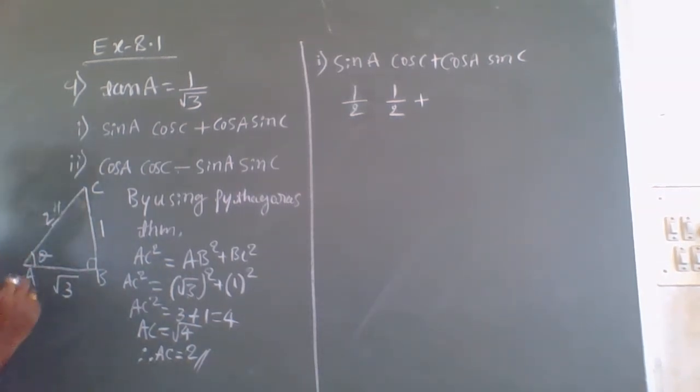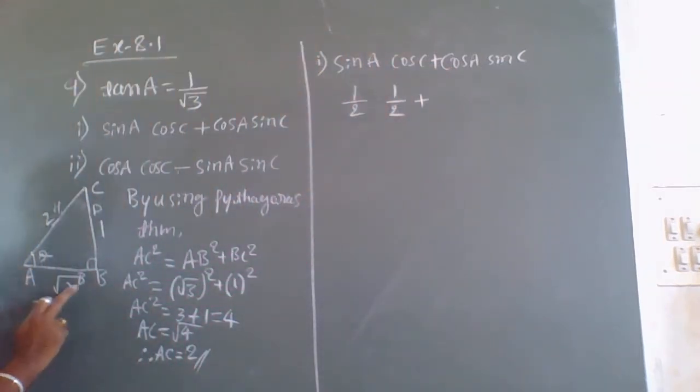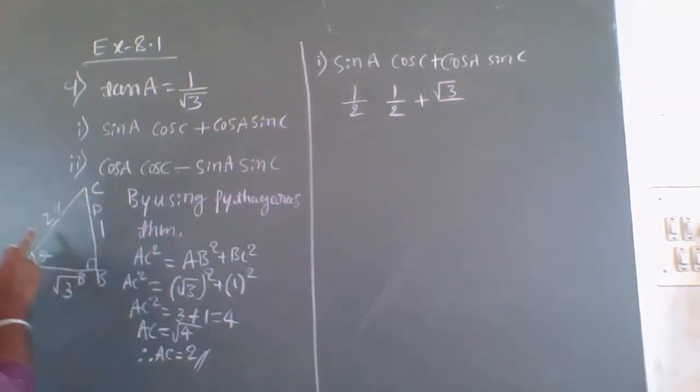The side adjacent to theta is the base and the side opposite is the perpendicular. Cos A is base by hypotenuse, so the base is root 3 and the hypotenuse is 2.